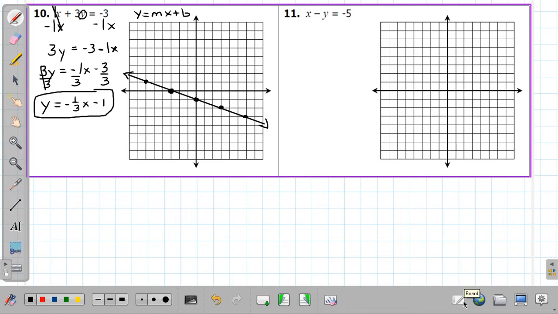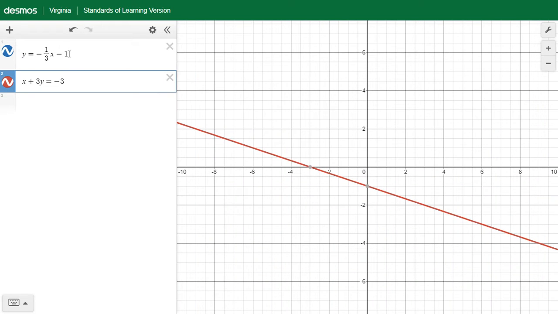If it doesn't, that means you've done something wrong and this equation is not the same as this equation. So make sure when you graph both of these lines that they are in fact the same.